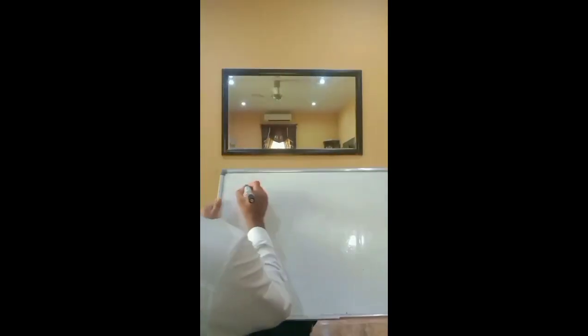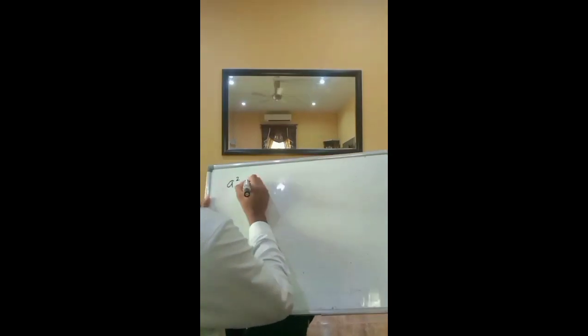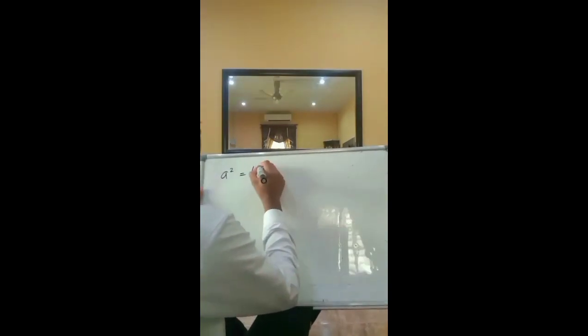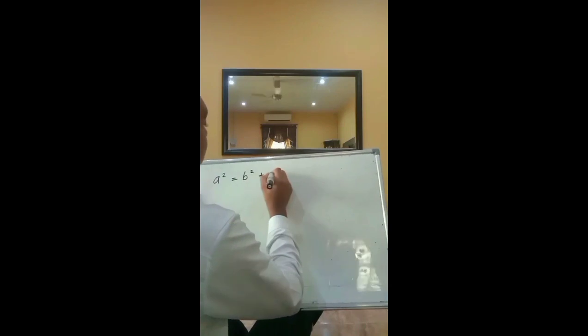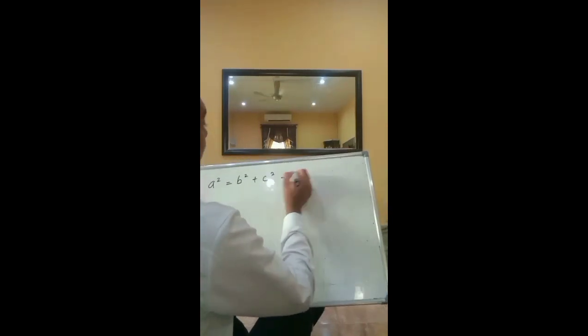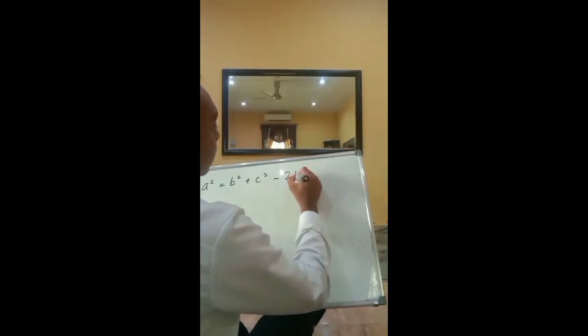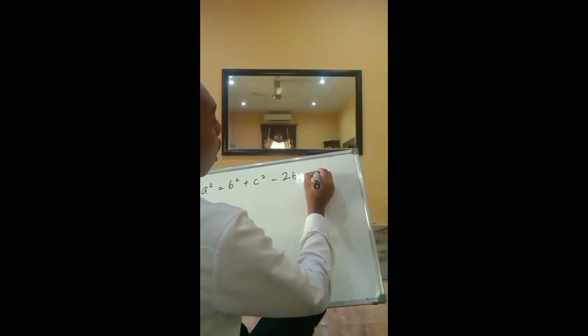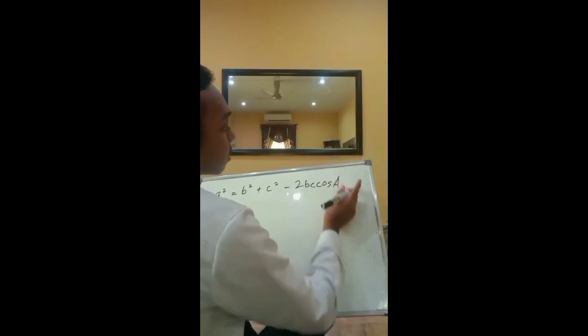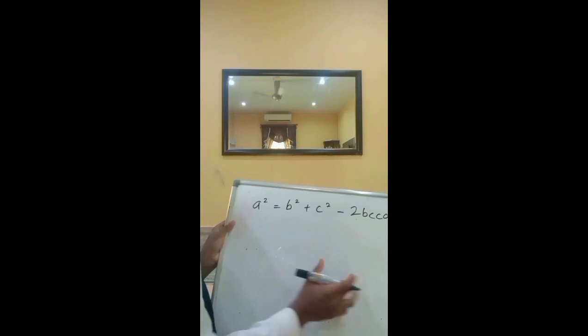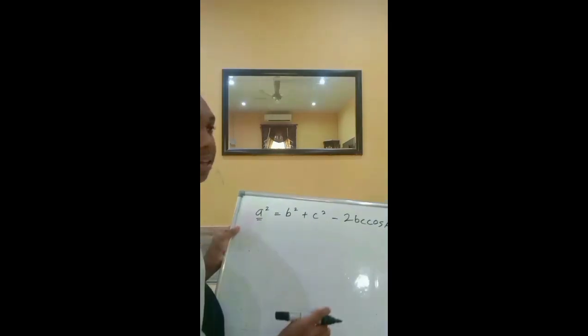For example, a squared equals b squared plus c squared minus 2bc cos A. This is to find a.